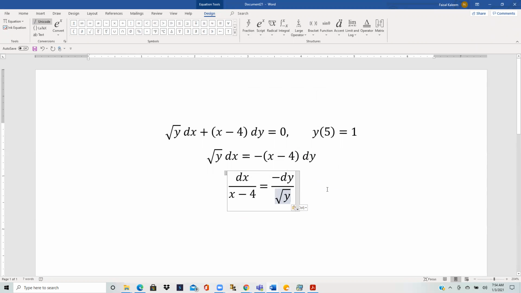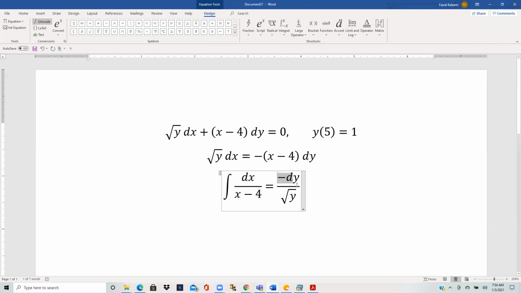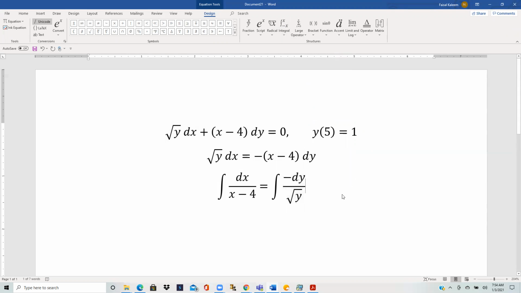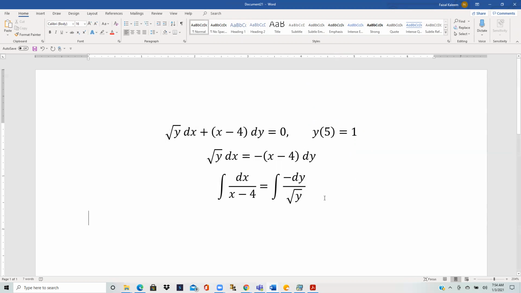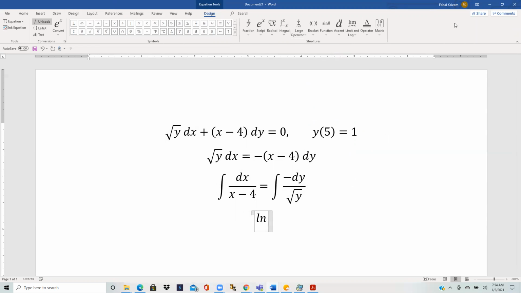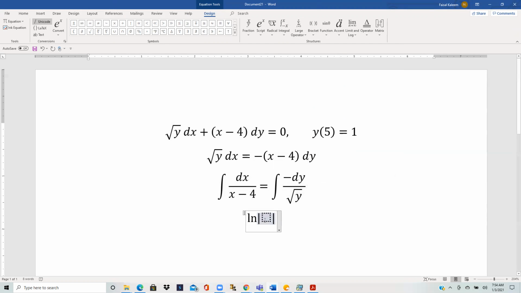Okay. And now when we integrate both sides, we know that the integral of 1 over (x minus 4) is ln of the absolute value of x minus 4. And now for 1 over square root of y, you can bring it up as y to the power negative half and apply the power rule.